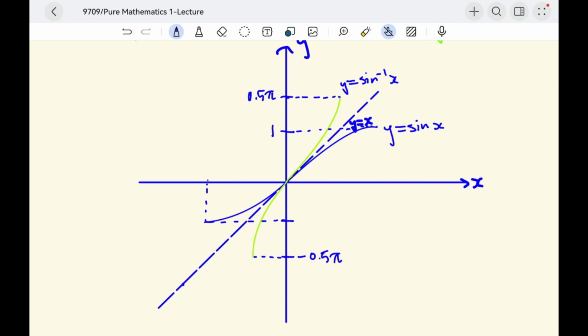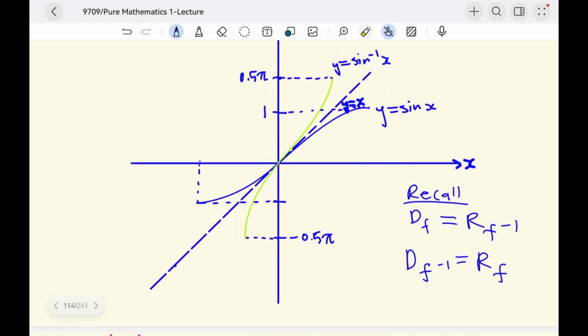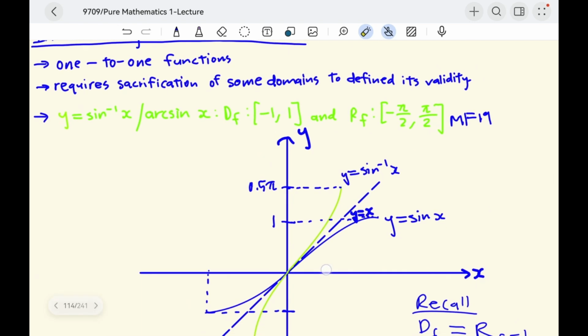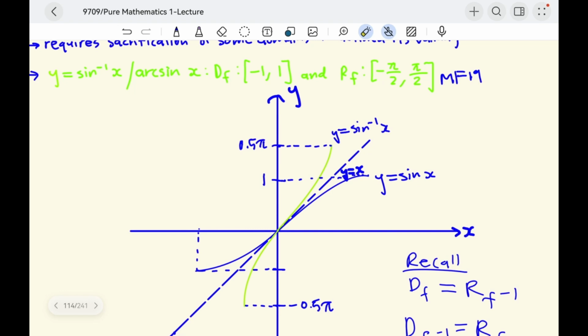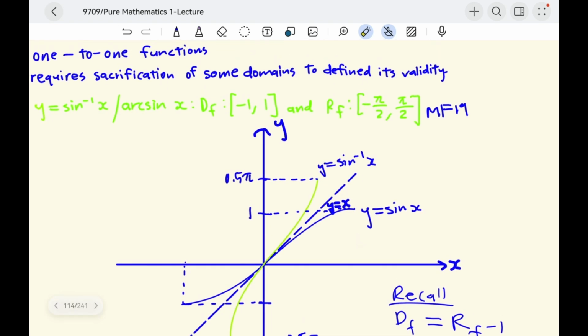Okay? So let's recall that the domain of a function f(x) equals the range of its inverse function, and the domain of the inverse function equals the range of the function. So using these two facts inside these trigonometry functions, particularly the sine function, we basically exchange the domain and the range numerically.